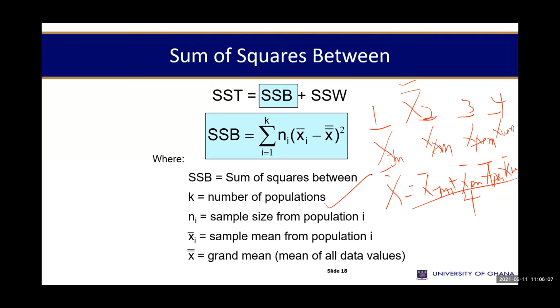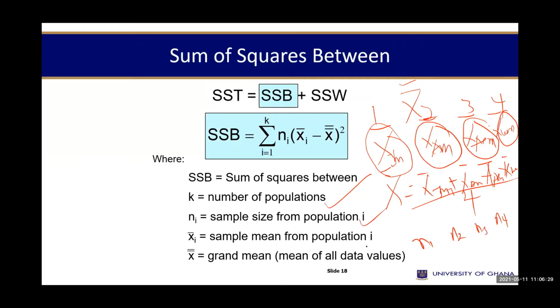That is for K. We know ni represents the sample size for each population. So what is my sample size here? We have n1, n2, n3, and n4.